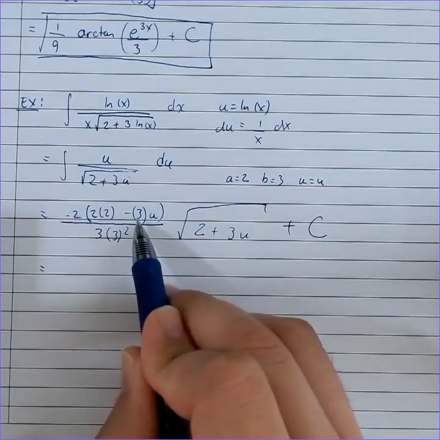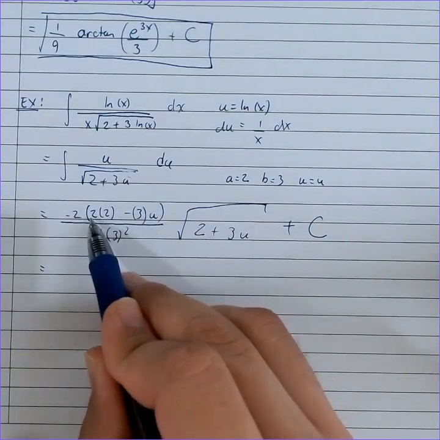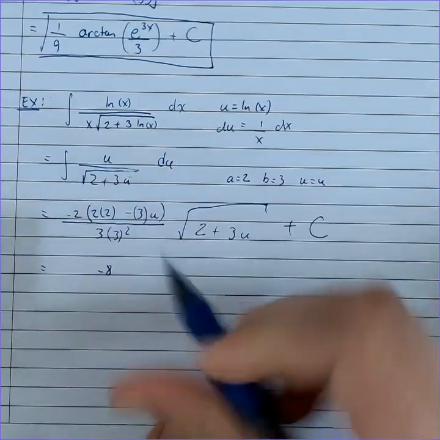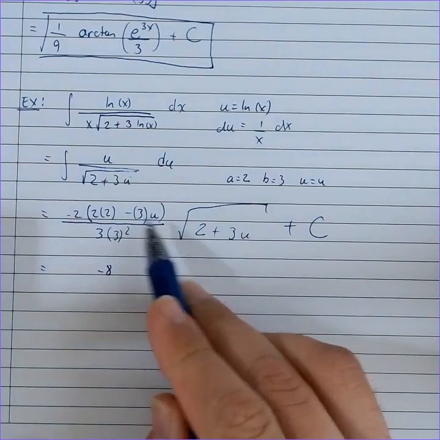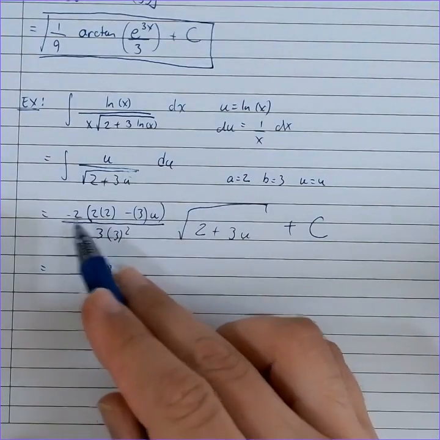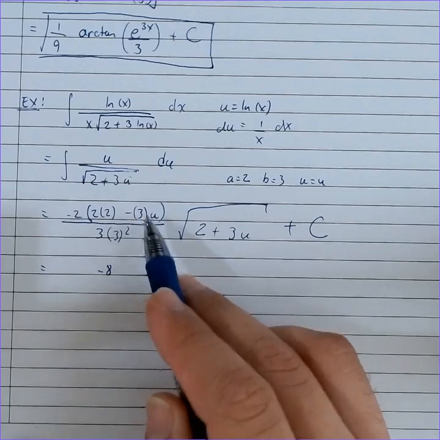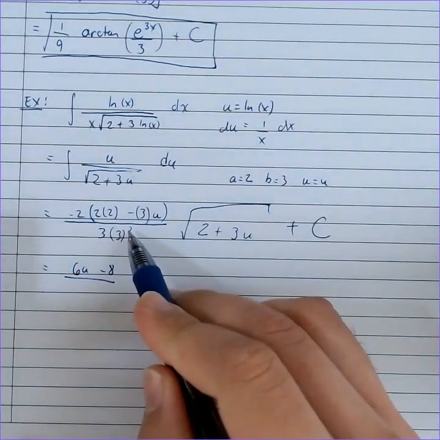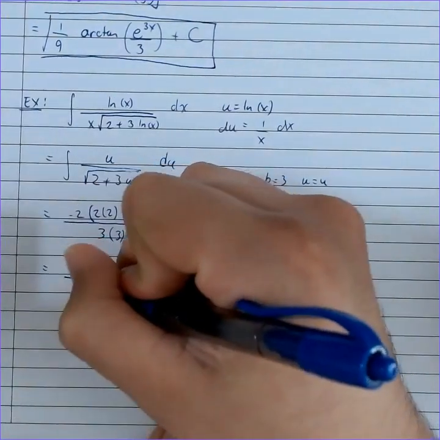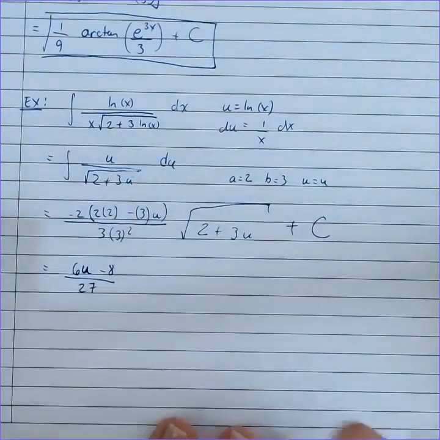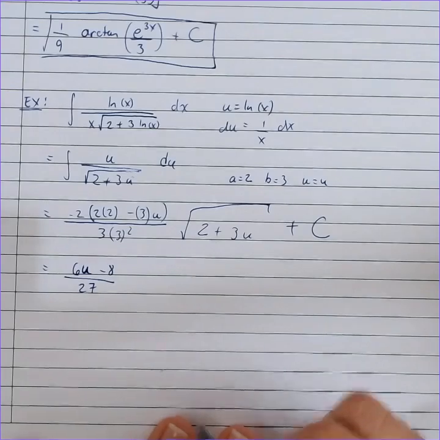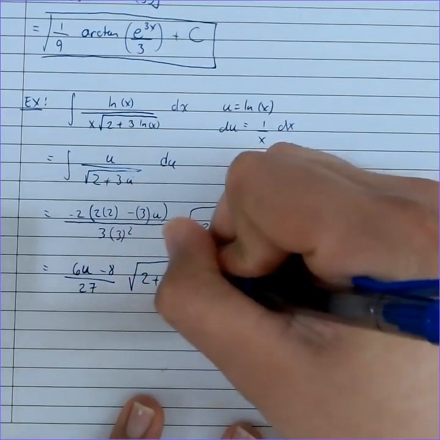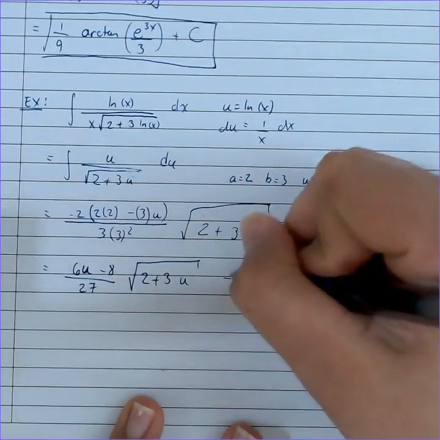That's going to be 2 times 2 is 4, times negative 2 is negative 8. 3 times u, that's a negative, times a negative 2, that's a positive 6u, over 3 squared is 9, times 3 is 27. So that's going to be 6u minus 8 over 27 times the square root of 2 plus 3u, plus our constant of integration.